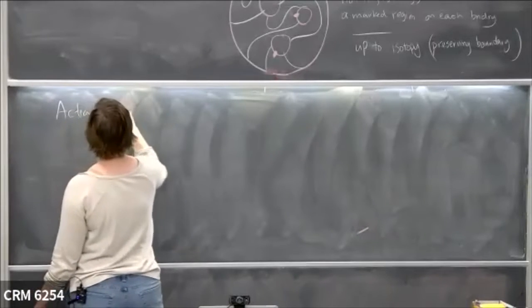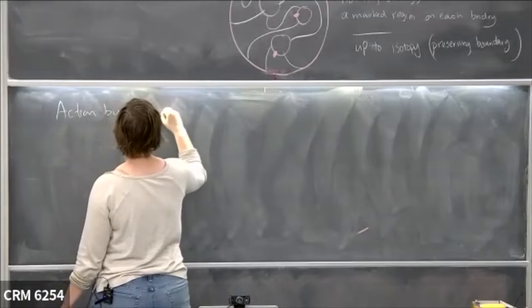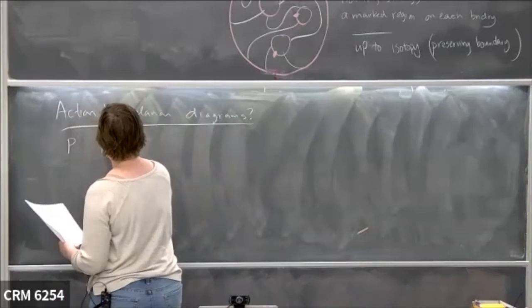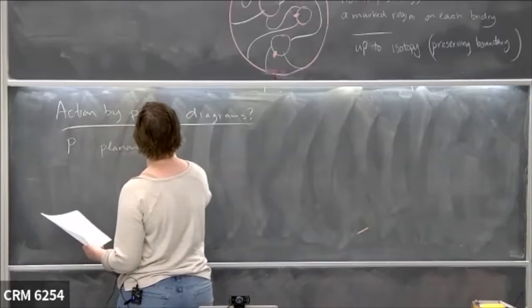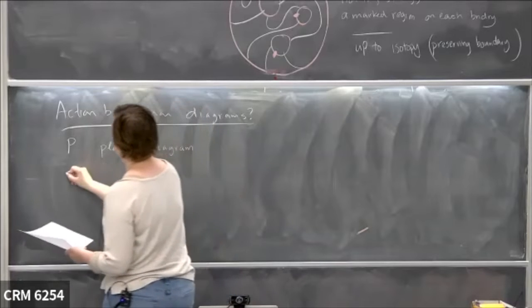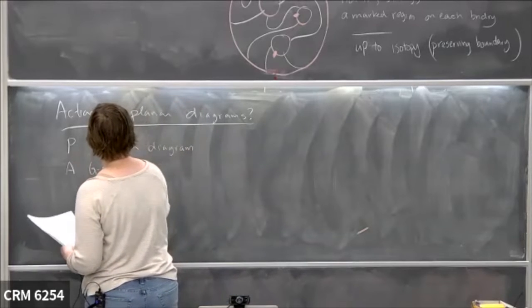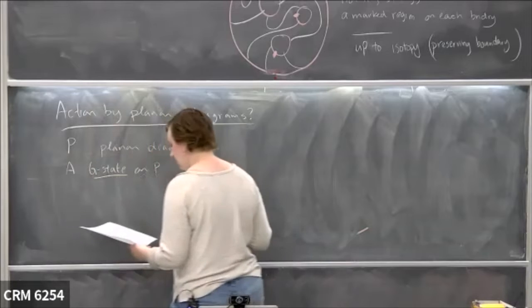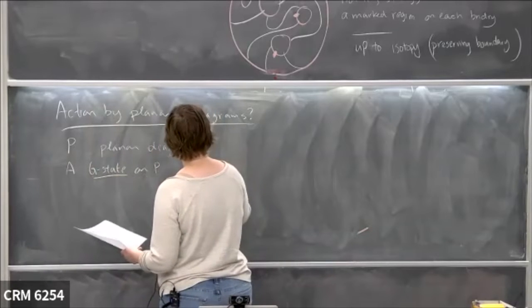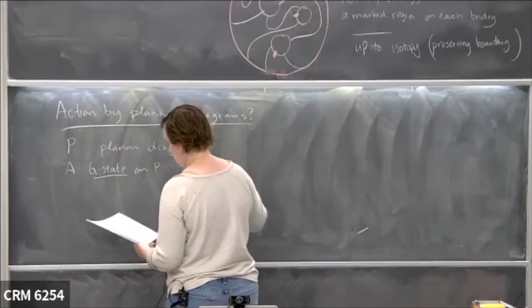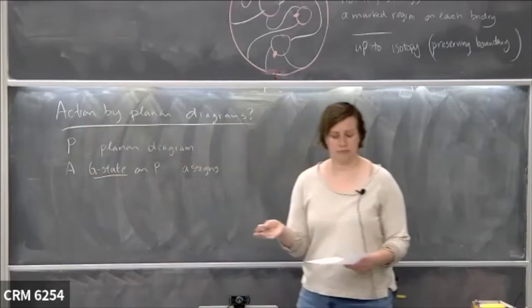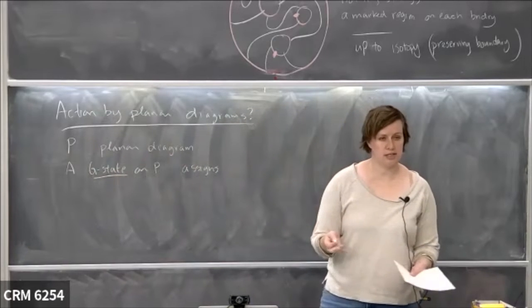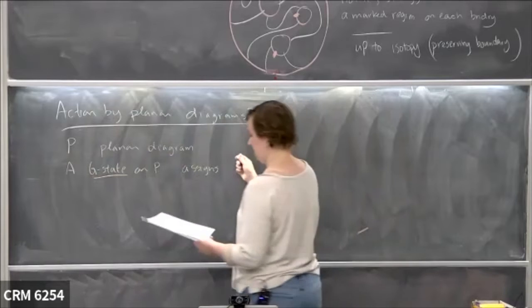Okay, so we want an action by planar diagrams. So if our planar diagram is called P, then I define a G state on P to be a way of assigning vertices to regions and edges to strings consistently.